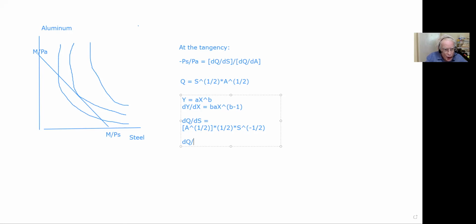And then by symmetry, the derivative with respect to aluminum is, treating this time the expression for S as a constant, times 1/2 times A to the power of minus 1/2.